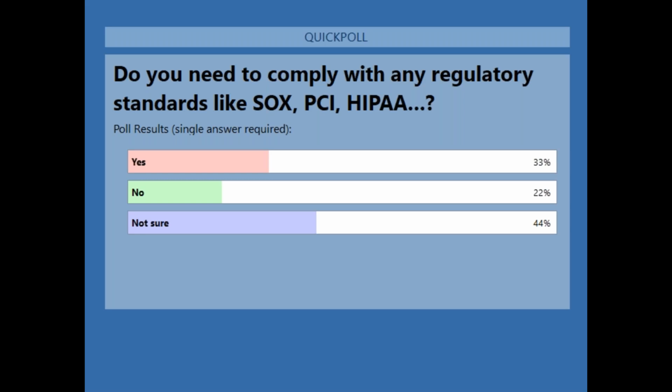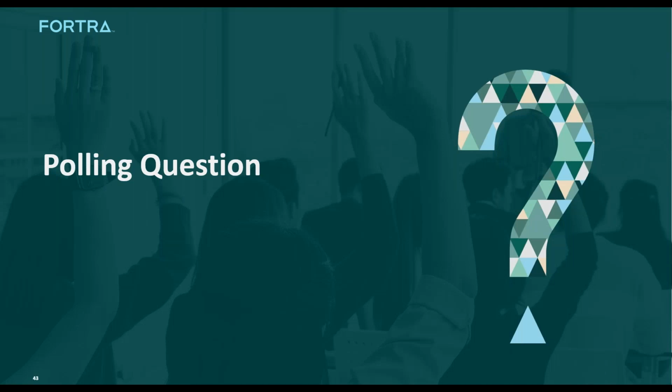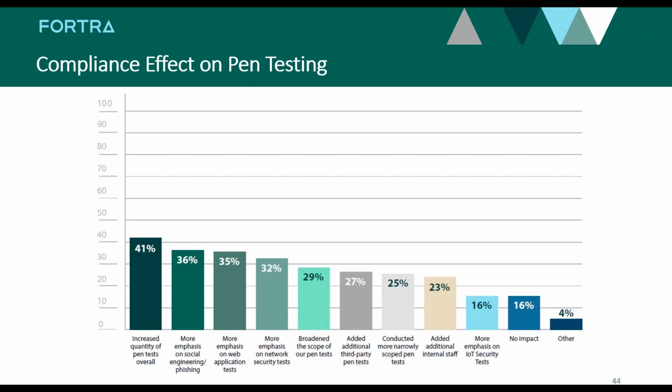So it's interesting to see that actually 22% of you don't have regulatory guidance or laws that you're having to abide by. Not an environment I was able to experience, so that would be interesting.